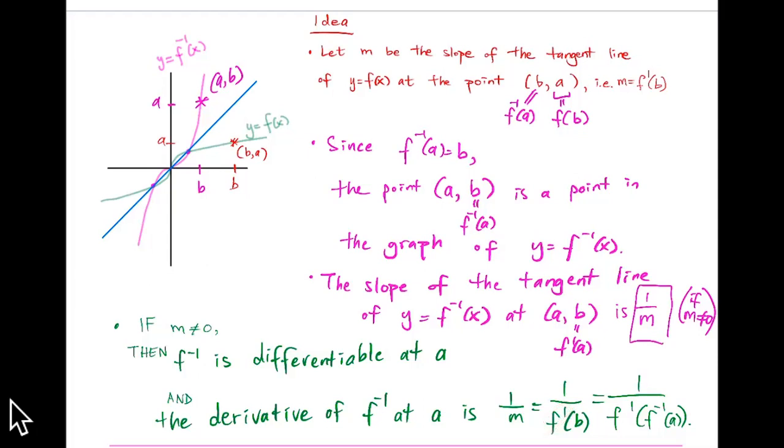And when you have f to the power of -1, that means this is f inverse. So if you are trying to remember this formula, just think of this as the symbol m, where m is the derivative of the original function, but instead of at a, you have to replace it with b, where b is f inverse of a.